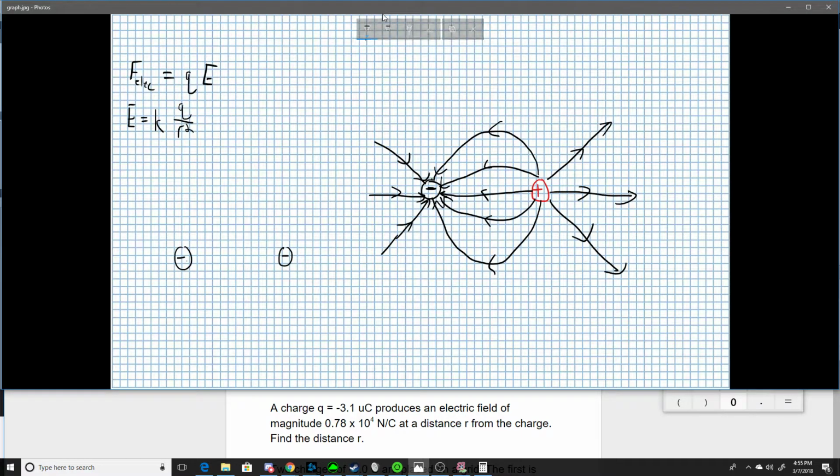Let's say Q1 has a charge of negative 1 coulomb, and Q2 has a charge of negative 3 coulombs. We kind of know these things are going to push away from each other, or essentially they're pulling lines to them from opposite ways. That was kind of bad.